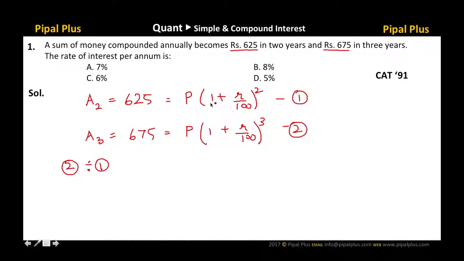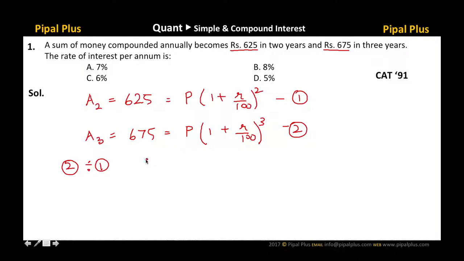You see that the only thing which is getting multiplied is 1 plus r upon 100, the factor multiplied with the right hand side of the first equation. So we divide the second by the first.